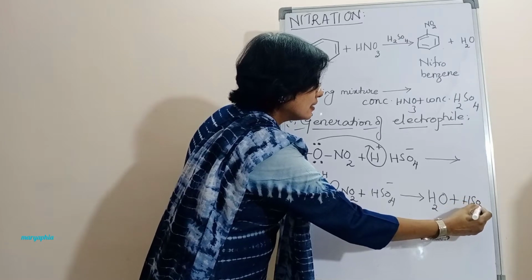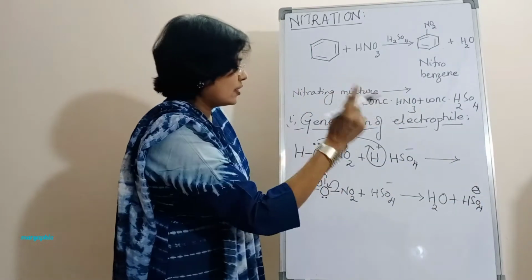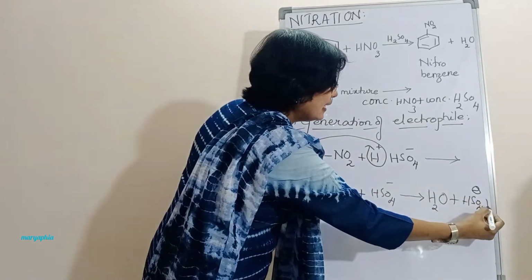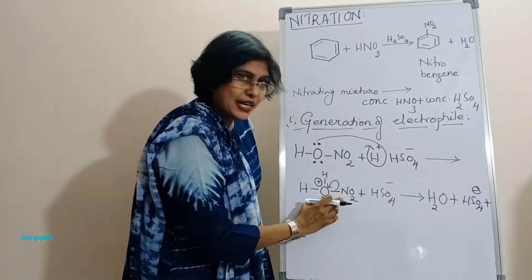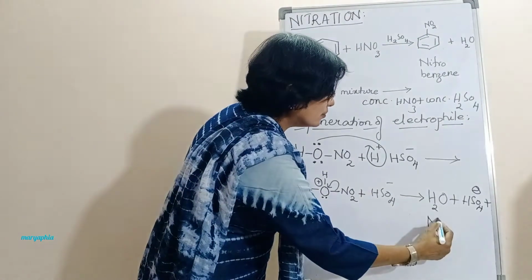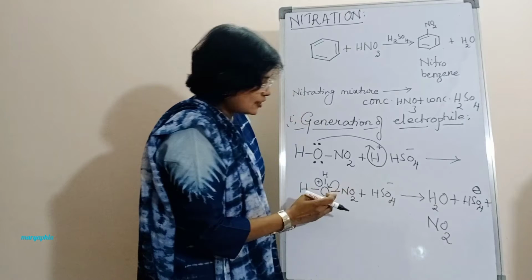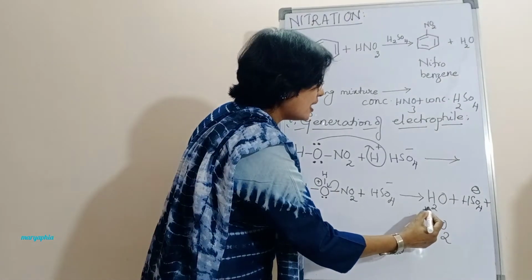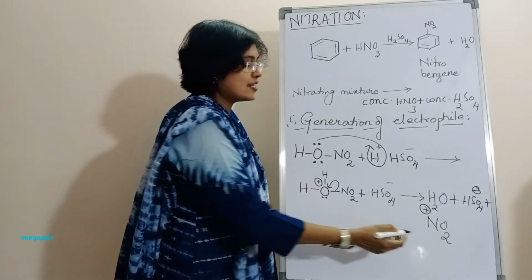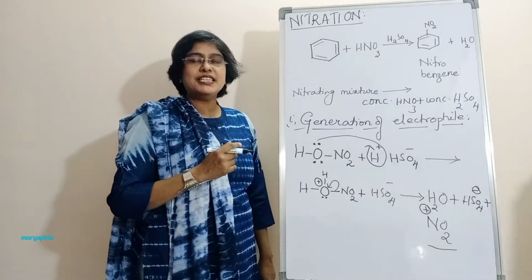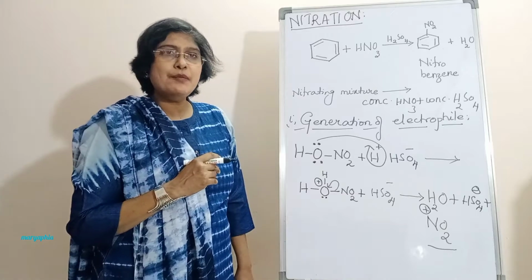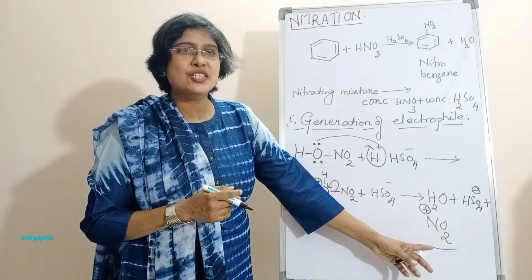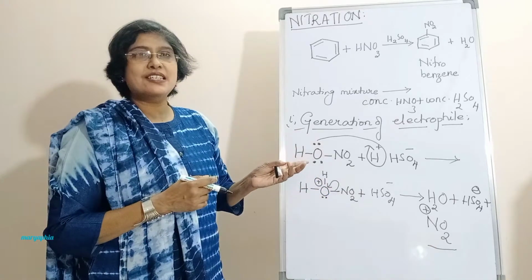H2O plus HSO4 minus plus what is remaining here? NO2. Now as this bond is attracted towards oxygen, this nitrogen now has a positive charge. So NO2 plus, which is called the nitronium ion. Now this is the electrophile which is generated from the nitration mixture.